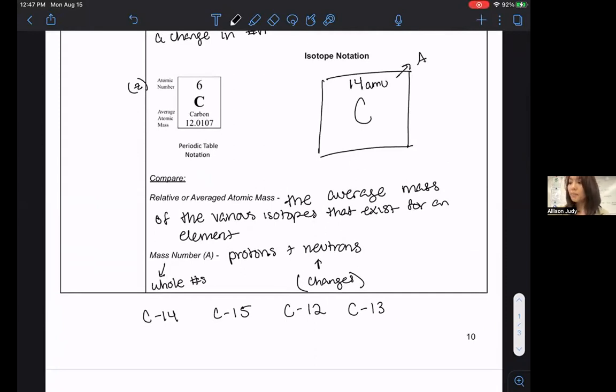I'd put the atomic mass number on top, and then I would put the Z, the proton number, on bottom, which is 6. And this is what's shared. The element symbol and the atomic number is shared. What changes, though, is the order and the type of mass that we represent. So this is our proton number Z. So this would be isotope notation.